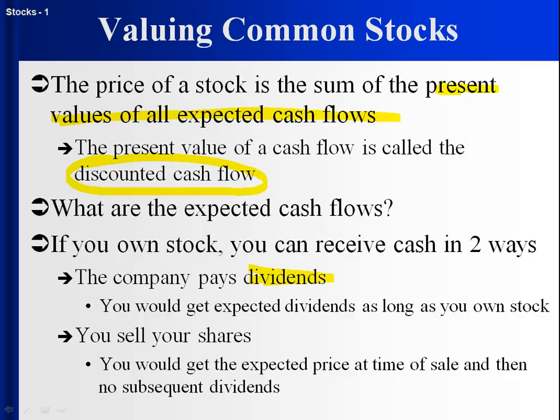If you sell your shares, then whatever the expected price is at that point in time, that's how much money you would anticipate getting. Whatever the price actually is, that's how much money you would actually get. But once you sell your shares, you don't own the stock anymore, you no longer receive dividends. So you basically would get a bunch of dividends, and then you can sell your stock and get the price, and then you would no longer receive dividends.